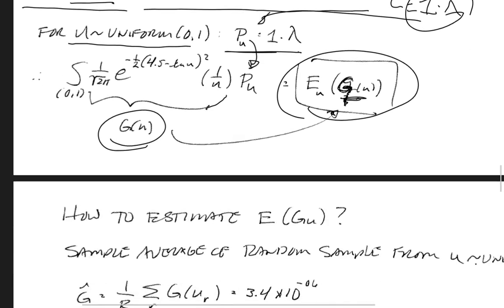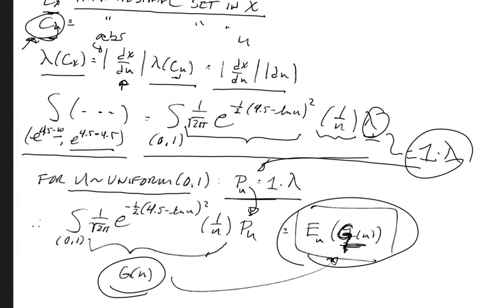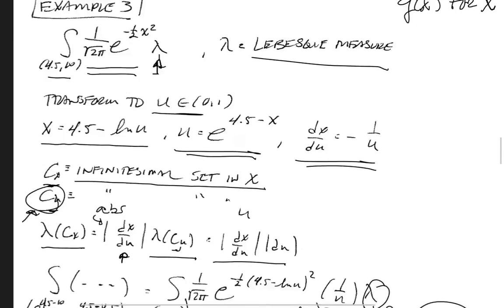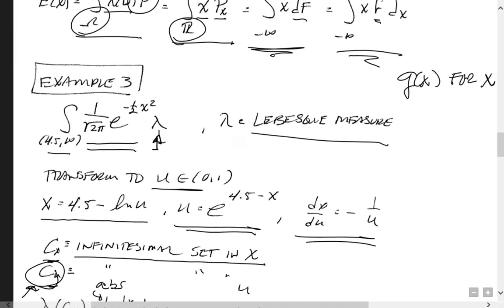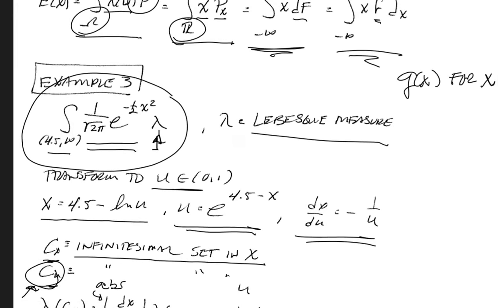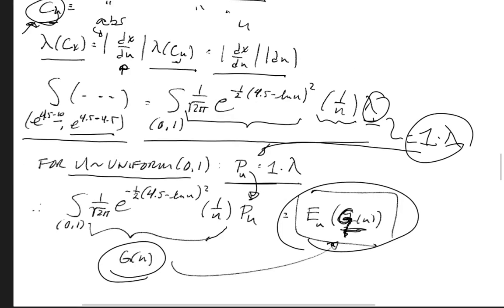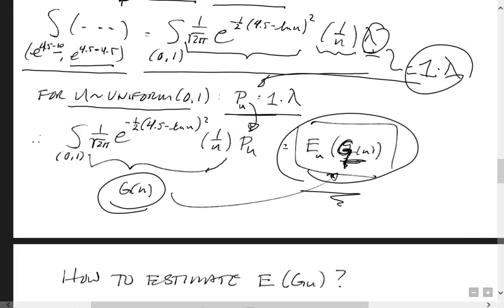Up to this point, you will notice that I didn't actually state at the very beginning that I was considering this function as anything to do with random variables. It's just an integral that I want to do. But I convert it into an expectation. And an expected value of some function is easily estimated, we do it all the time, by a sample average. If I could draw a random sample of u and get a sample average of the G of u, I would have an unbiased estimate of the expected value of G of u.